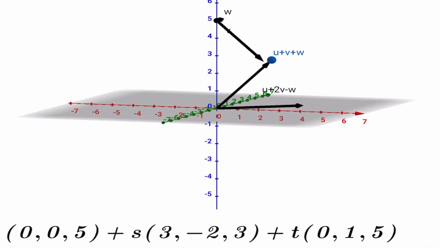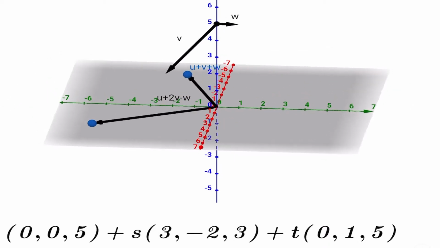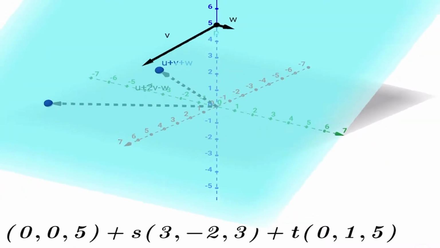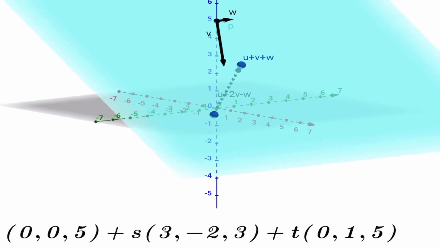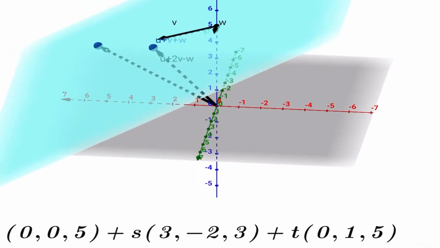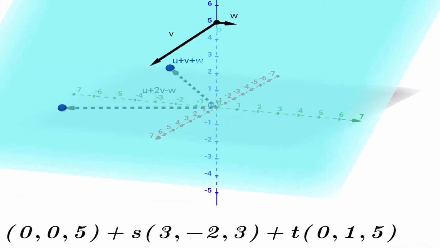In this case, we have our point U again, 0, 0, 5, plus double our direction vector V minus our direction vector W, and that'll generate another point on the plane. Taking all combinations of S and T, we will generate the following plane. And you'll notice here that our 2 points that we've described are on the plane, plus there's infinitely many points on this plane, all of which consist of your point 0, 0, 5, plus linear combinations of your direction vectors.